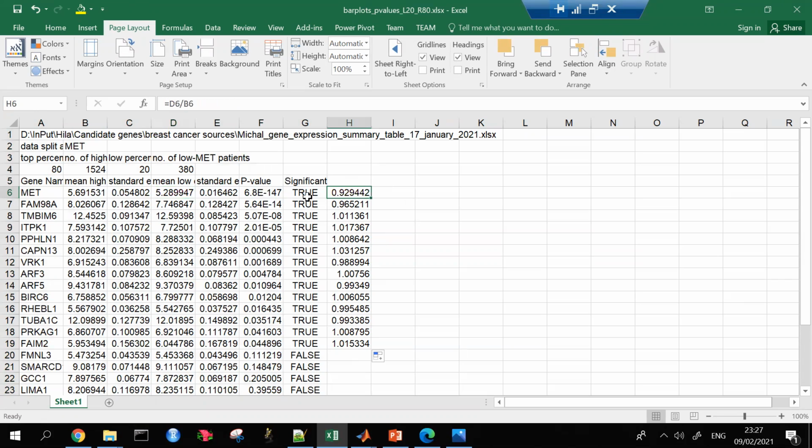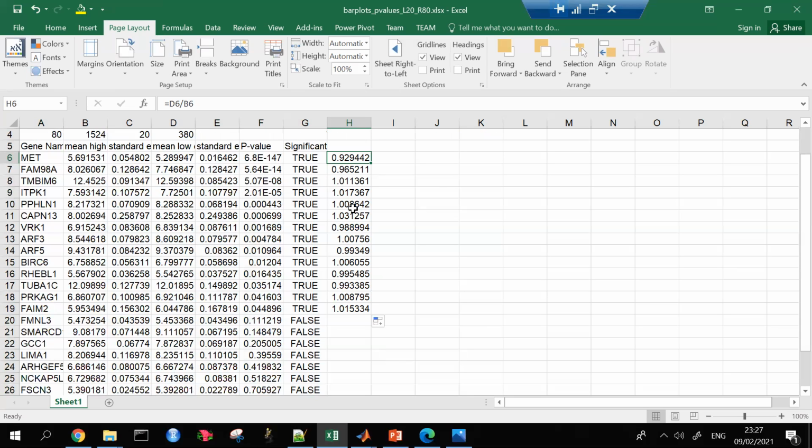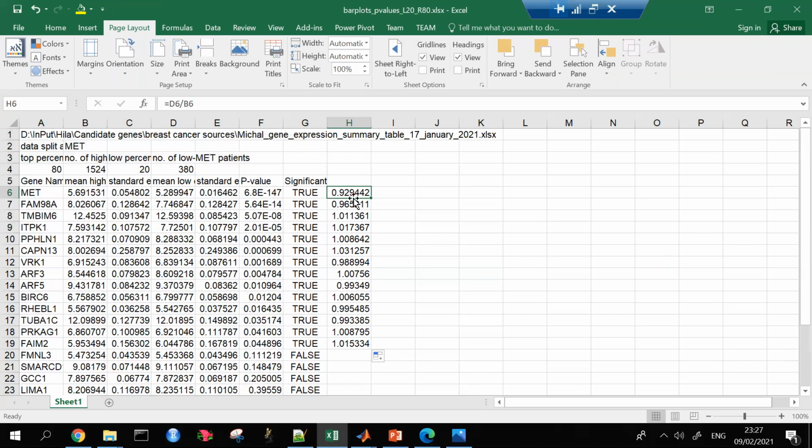So we do expect to see, if we divide the lower average by the higher average, we expect it to be below 1, and obviously the lower it is than 1, the better. Or if it's another gene and not the driver gene, we expect it to be a value that is significantly higher than 1.